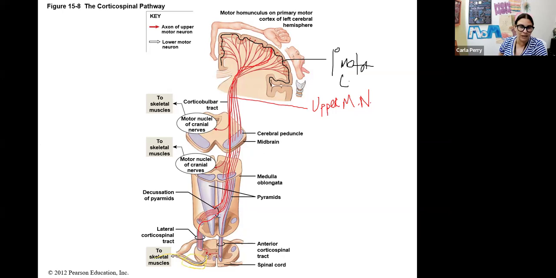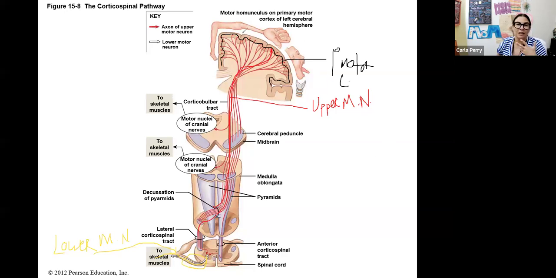So if the red one is the upper motor neuron, then this white one in this image is the lower motor neuron. So you can notice that the vocabulary is different from a motor pathway versus a sensory pathway. The vocabulary is different, which is nice. So you can really distinguish the differences there.